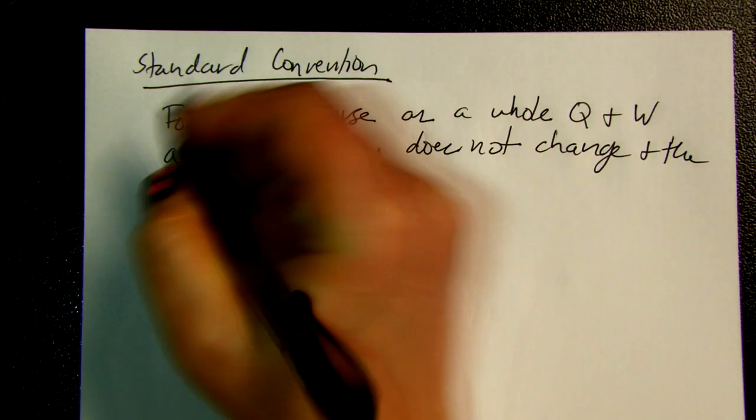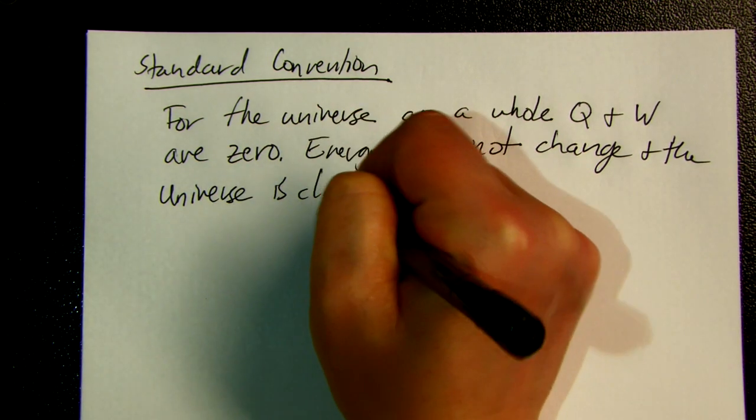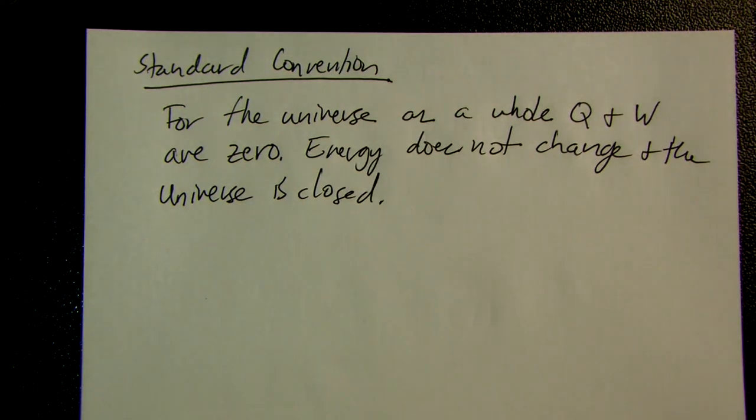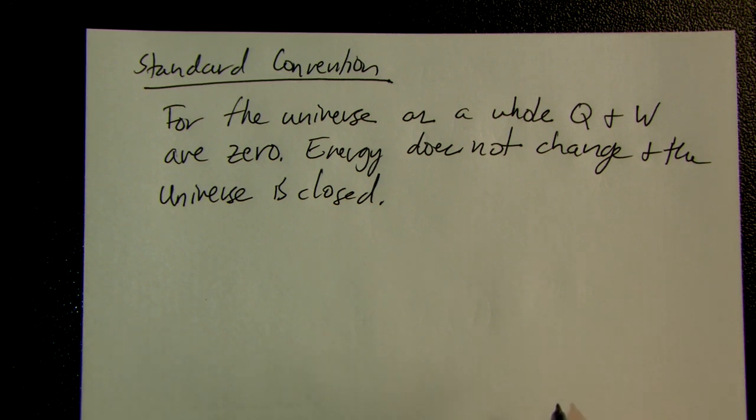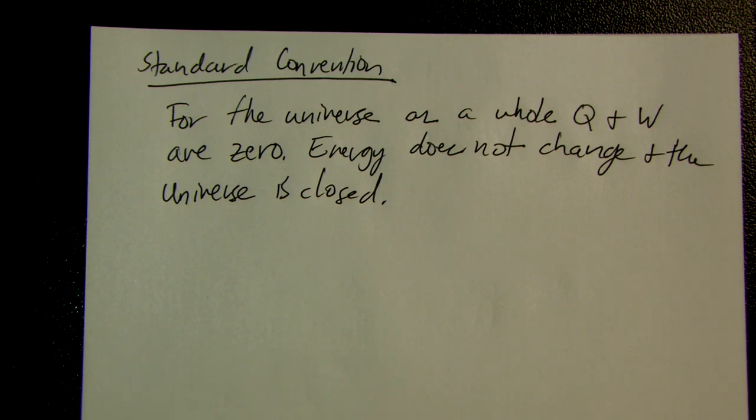And the universe is closed. So essentially, this is what allows us to have the energy principle, because if the universe was not closed and some external force could do work on it, could do an energy transfer on it, then you wouldn't have the same energy that always is and always was and forever will be.